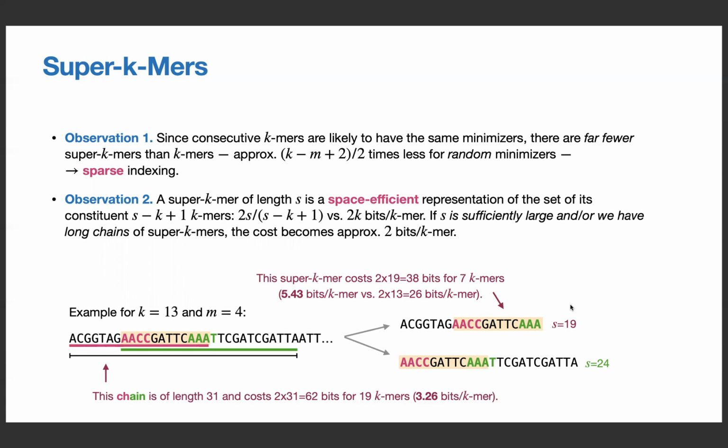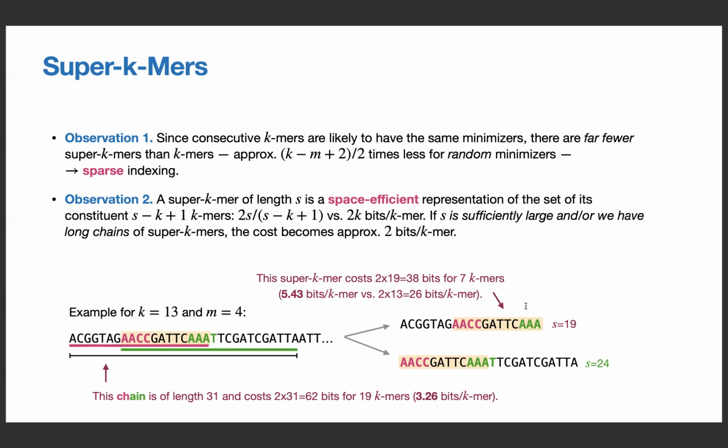Which is of course much better than the trivial cost of 26 bits per K-Mer, and especially if we preserve, as you can see here on the left, the chain between consecutive super K-Mers, the space tends to become 2 bits per K-Mer, which is optimal, because we avoid representing twice this shared overlap with this yellow background, this shared overlap of K-1 nucleotides.